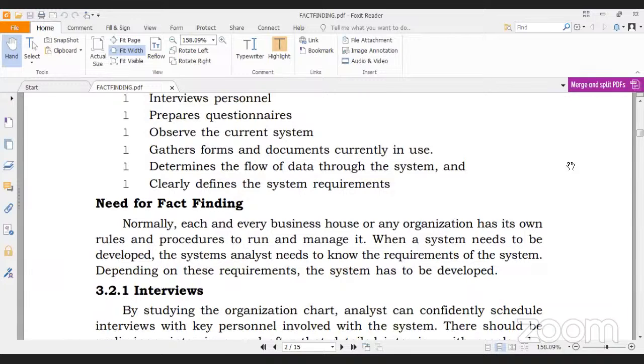Now, why is fact-finding required? Each and every business house or organization, firm or sector has its own rules and regulations, along with procedures to run and manage it. When a system needs to be developed, the system analyst needs to know the requirements of the system. Depending upon those requirements, the system has to be developed.